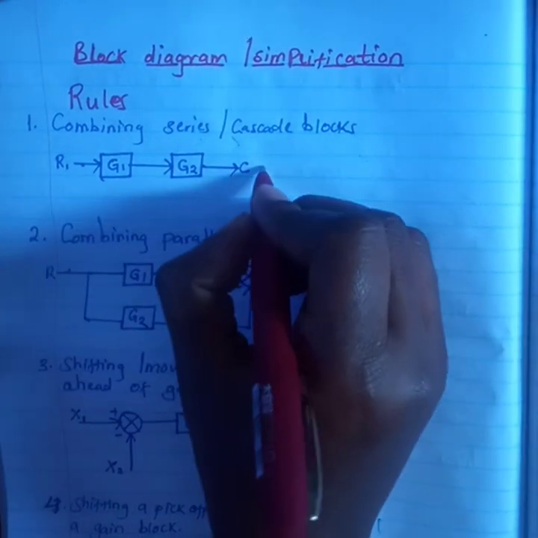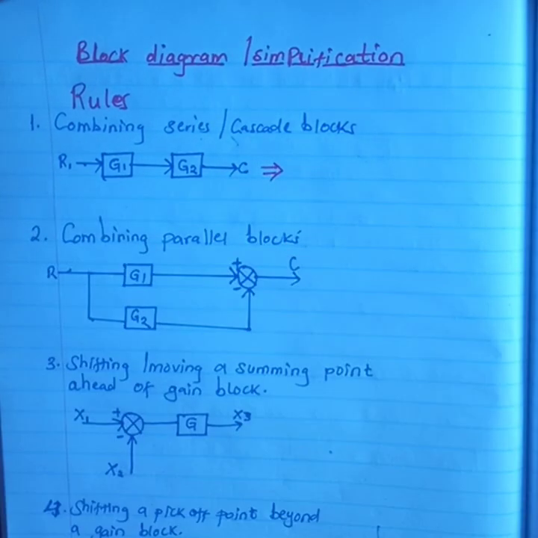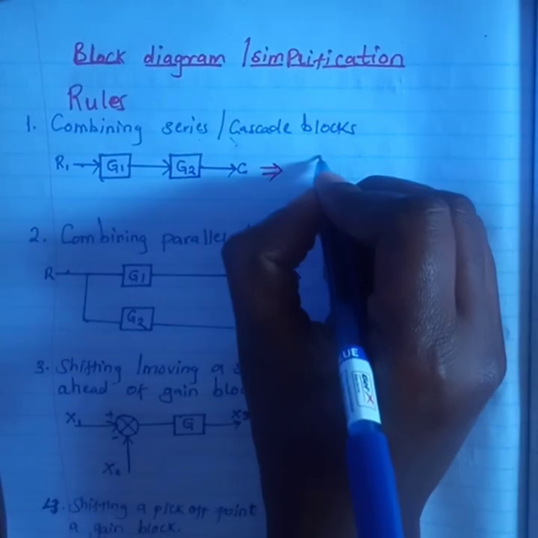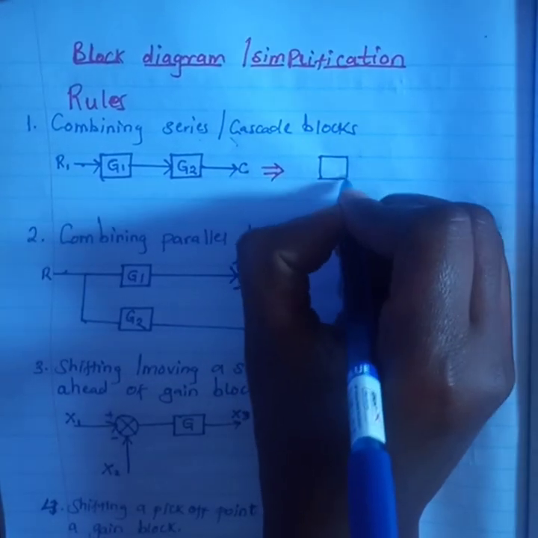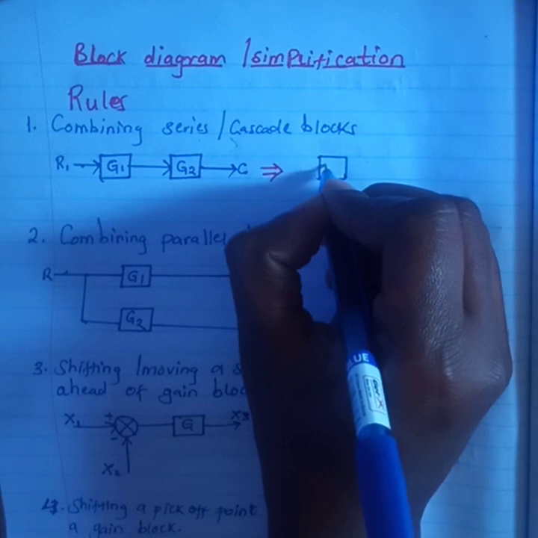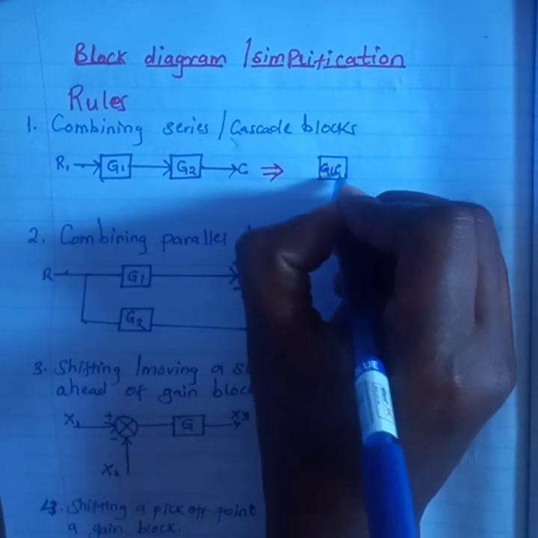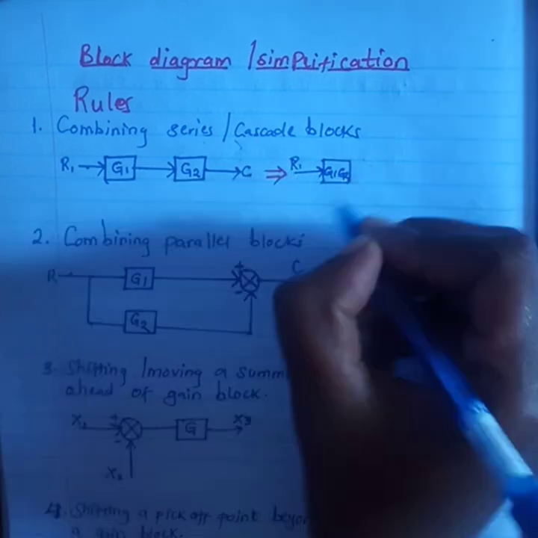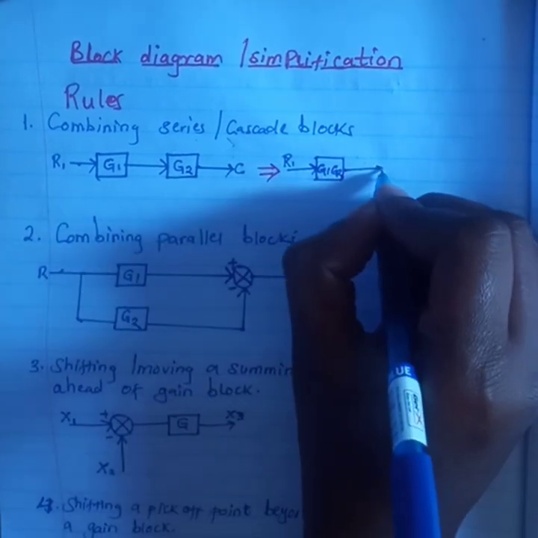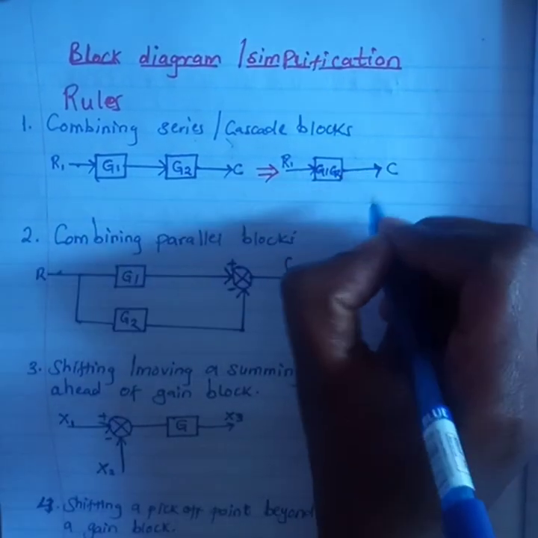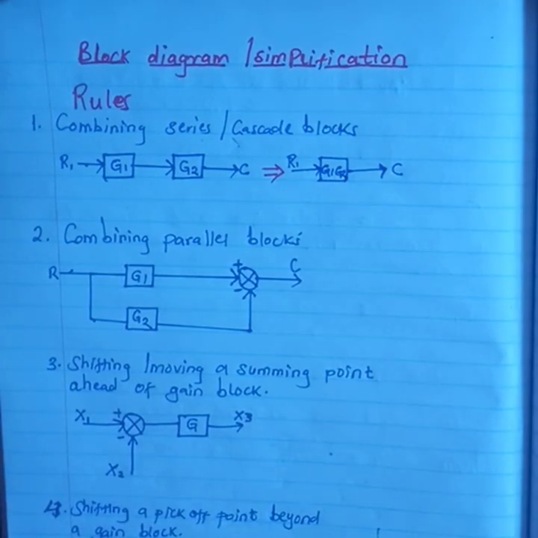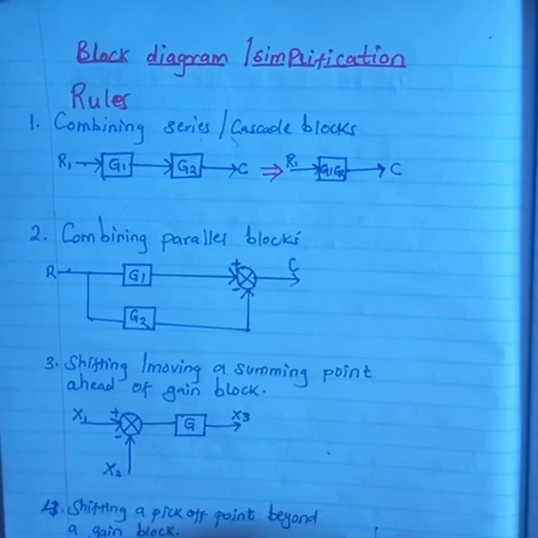So this is equivalent to one block here, which I represent with G1 times G2. I'll have my input R1, then my output C. So that's how we simplify series blocks. We just multiply them.